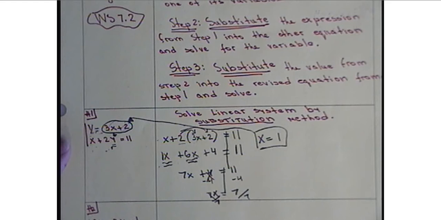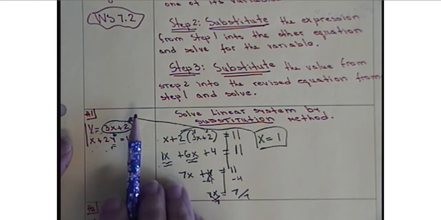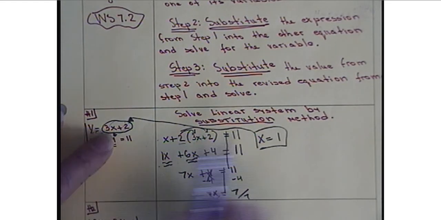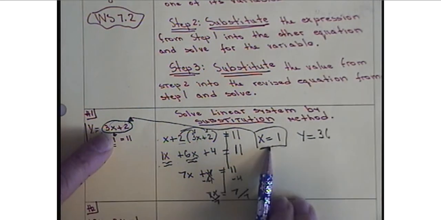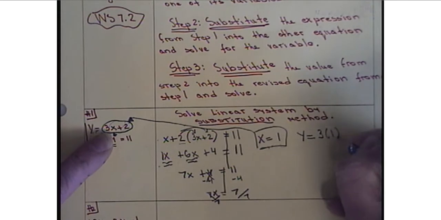So now, with this value of x, you go back to the equation that you circled, the first one, and substitute x down here with the number 1. Let's calculate y. y will be equal to 3 times, again, instead of x, the value 1, plus 2.